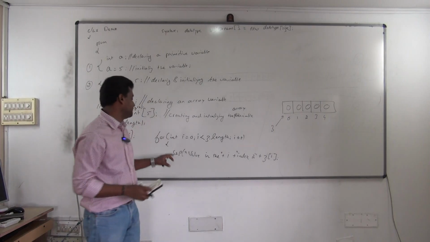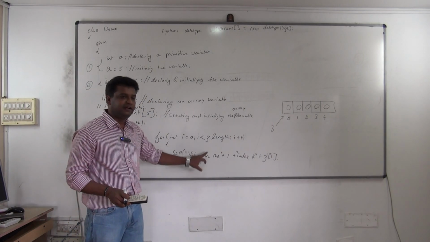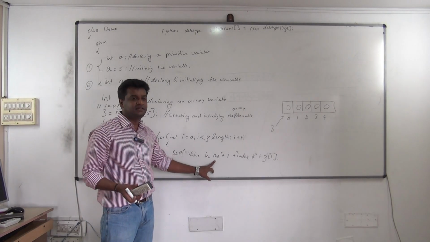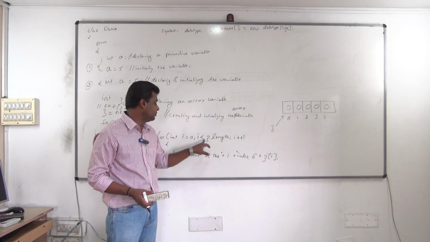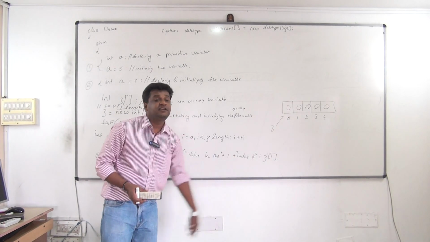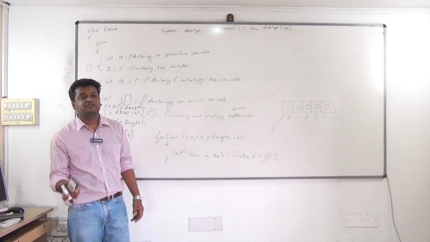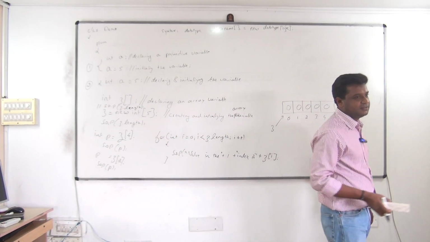So what will be the result? int i is 0. Yes, i less than 5, it enters the loop. It prints whatever is there in double quotes as it is. Value in the, okay, 0 it prints. i is evaluated to what now? 0. 0th index. z of i is what? z of 0. z of 0 is nothing but 0 itself. So it will print you like this.